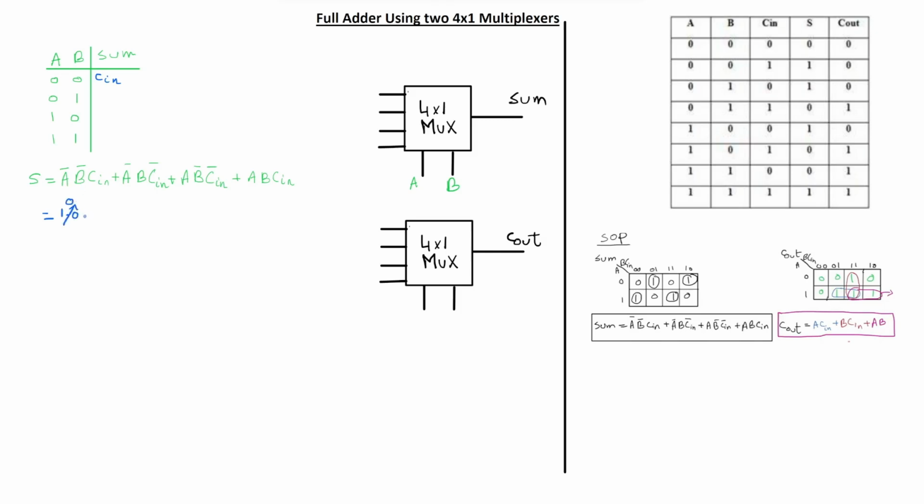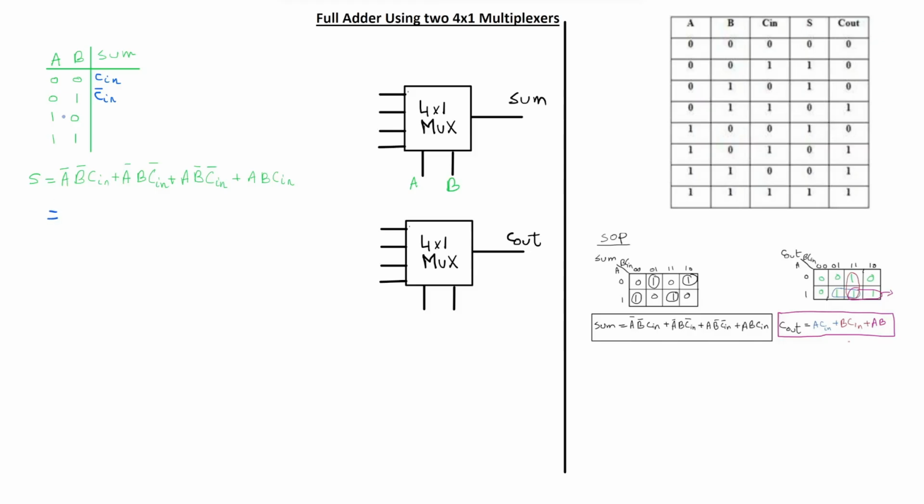Plus, now let's do the second term: A bar is 1 multiplied by B is 1 multiplied by Cin bar, plus A is 0, so this will be gone, plus the last term, A is 0, so this will be 0. So now we get Cin bar. For the second row, we have Cin bar.